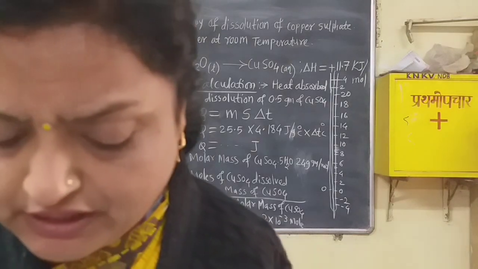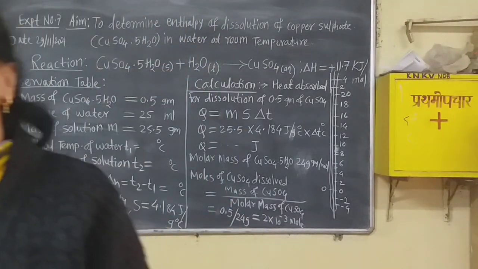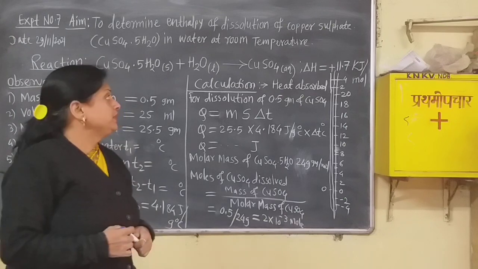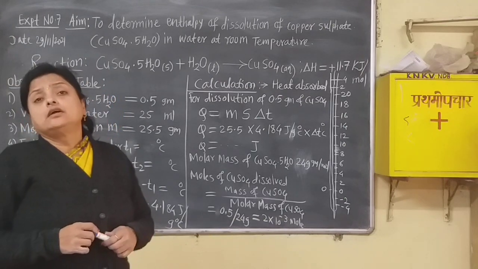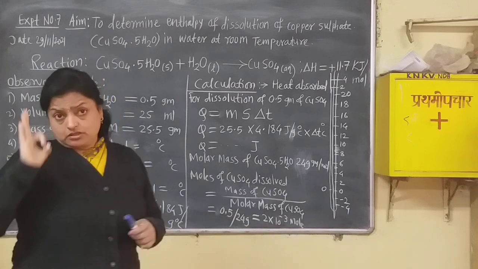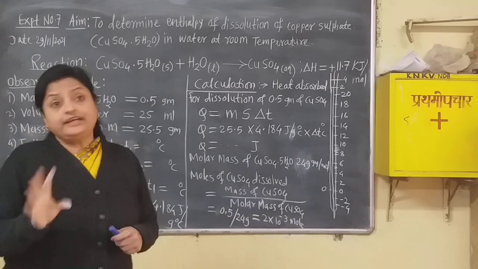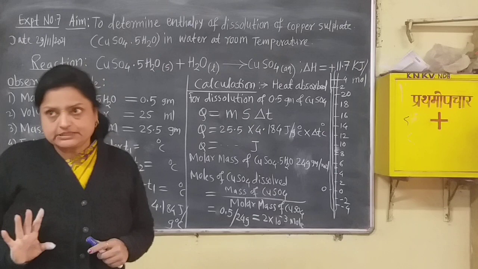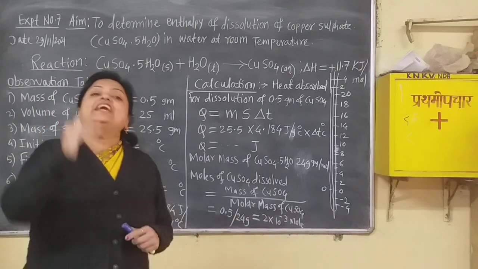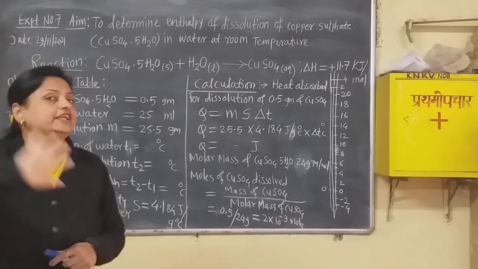What is our practical? I will again show you how the temperature is measured by this thermometer. Now see here, you must understand the thermometer reading. That is very important in this practical, because the thermometer readings are not as 10, 20, 30, 40 in this way.